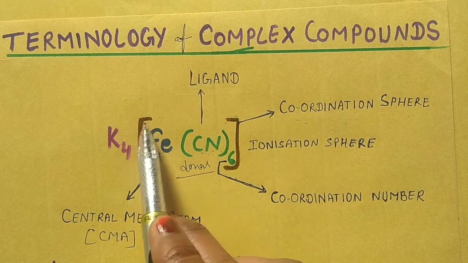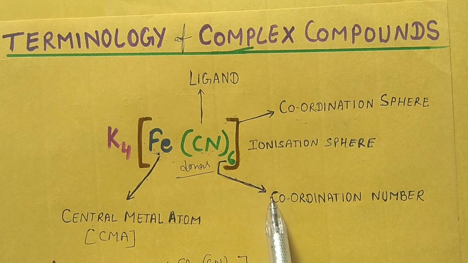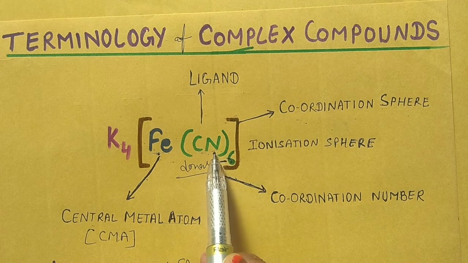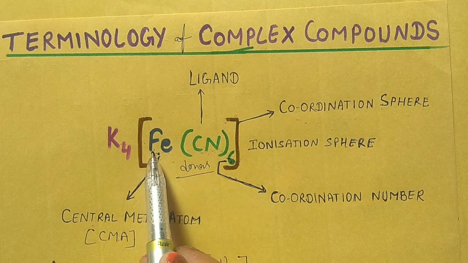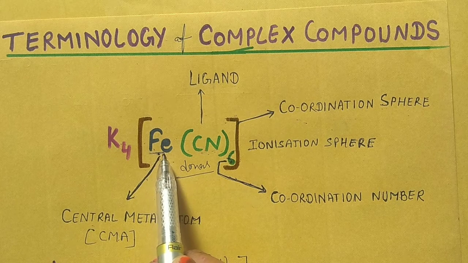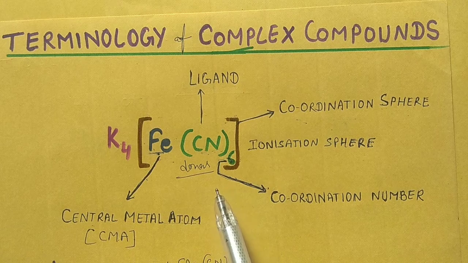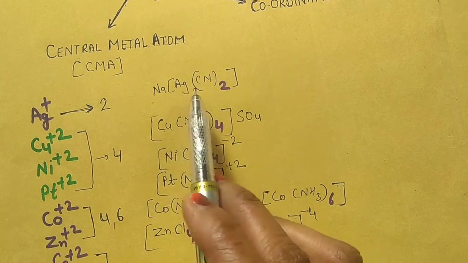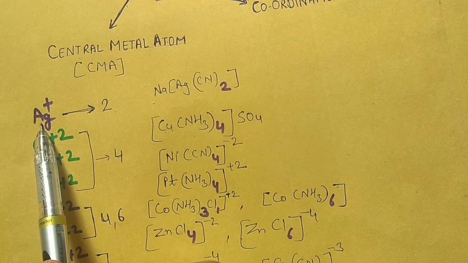This whole unit is the coordination sphere, and this is the coordination number, which is written at the lower side of the ligand. The coordination number means the number of ligands which are coordinately bonded with the CMA. This is different for different ions. For Ag+ it is 2, as in Na[Ag(CN)2], so the coordination number of Ag is 2.